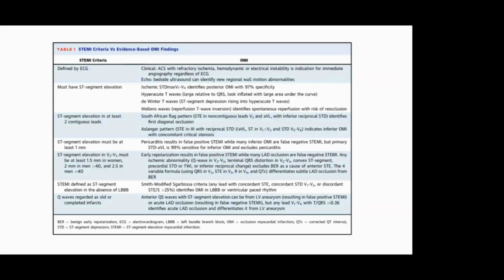And STEMI is defined in the absence of LBBB. In LBBB, there is a repolarization abnormality, so ST will be elevated. And the Q wave is regarded as old or completed, in fact. This is the STEMI criteria. In OMI, we will see what is written on the right side. We'll see one ECG and understand what the OMI is and what is important.